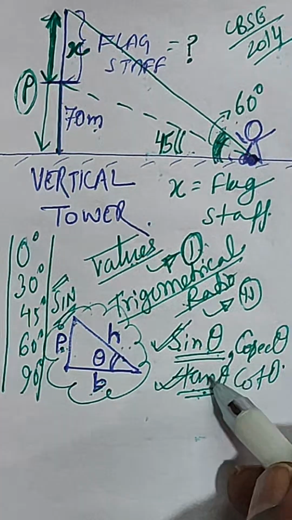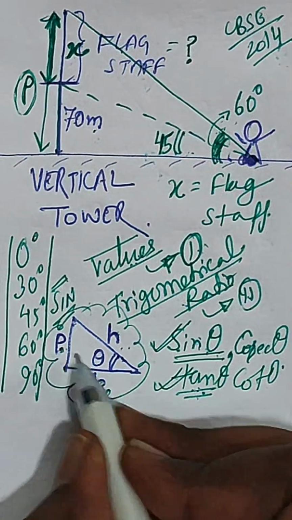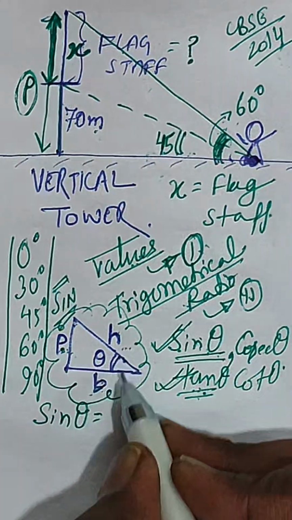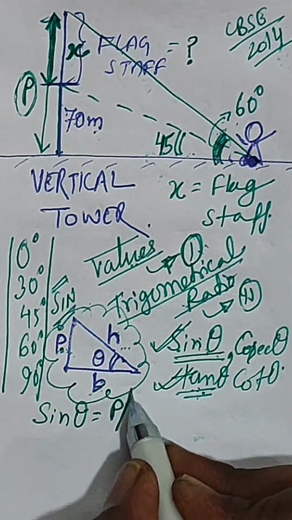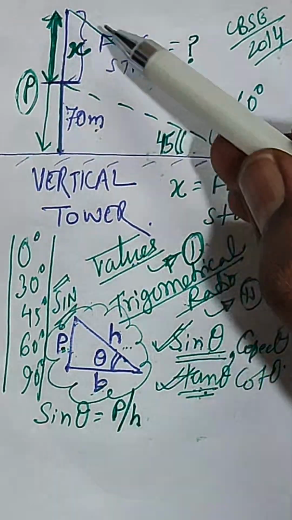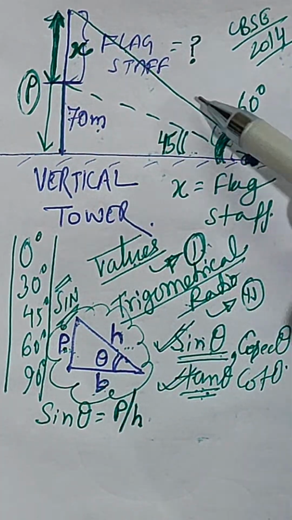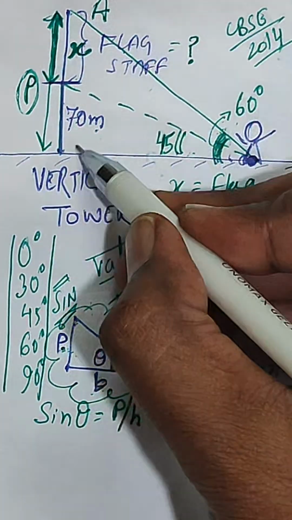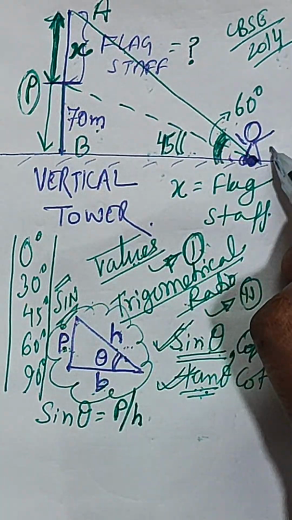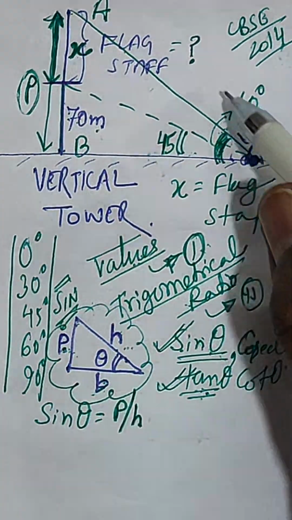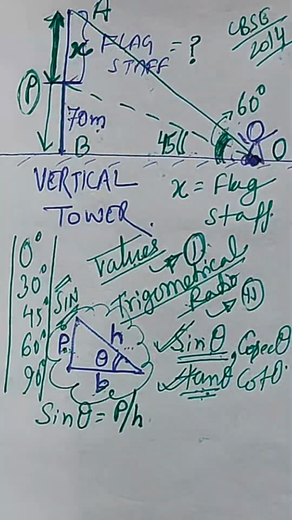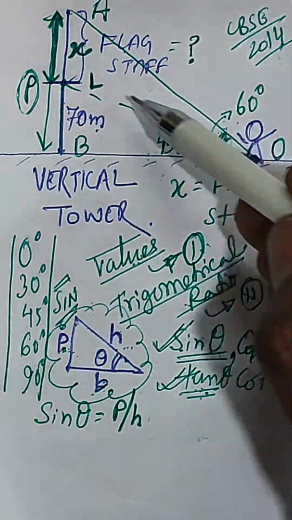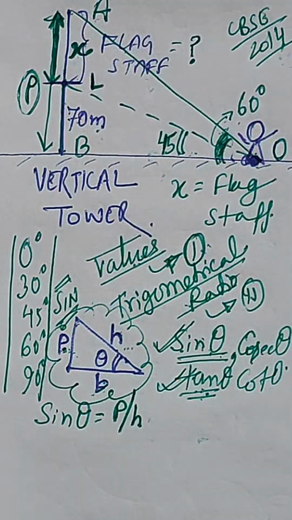But if you are taking the ratio of sine theta, remember sine theta was perpendicular by hypotenuse, and the hypotenuse was this much. Definitely for the bigger triangle, let us say this is A, this is B, and this is O. Then in the bigger triangle AO is there, and this is the center point, let us say L. Then definitely OL and AO are not the same.